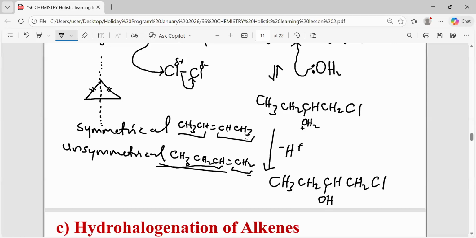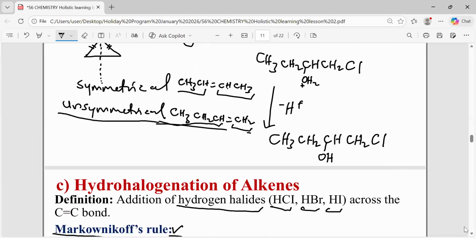Yes, but teacher, you said Markovnikov's applies on those with symmetrical. No, it applies on those which are unsymmetrical. Oh, okay. Now I understood, even with the definition of Markovnikov's, because it will be attached to the one with more hydrogen atoms. Yes, very good. But now the one which is symmetrical, they are the same, so there's no carbon atom with more hydrogen atoms. Have you seen? Yes.